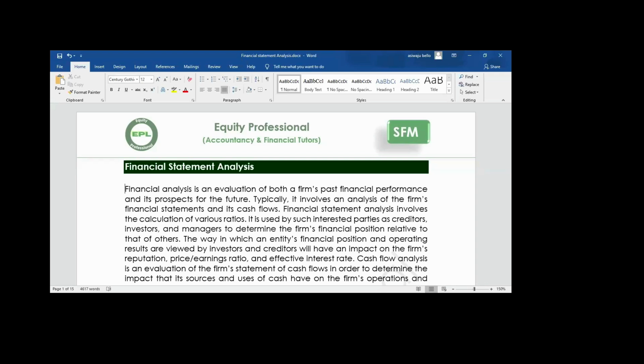Whether you specialize in tax, or in audit, or in IT audit, or in corporate finance strategy, you must understand financial statements.